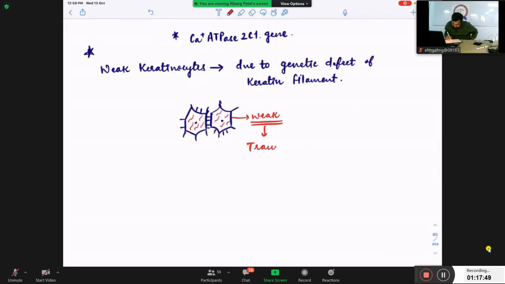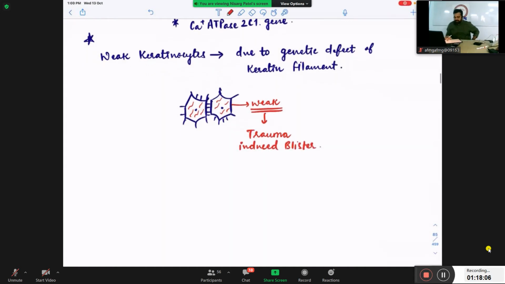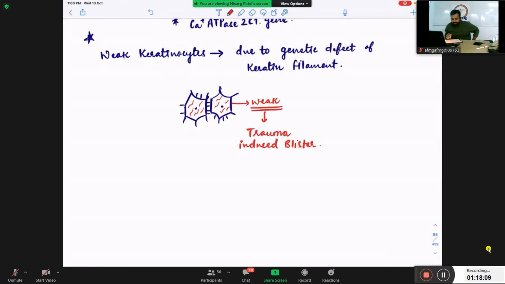On minimal trauma, this keratinocyte will get ruptured. So the patient will develop a trauma-induced blister.